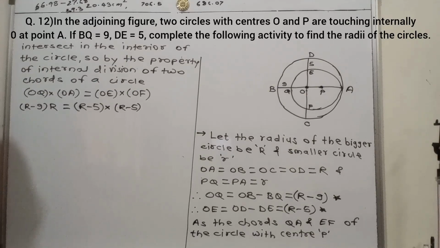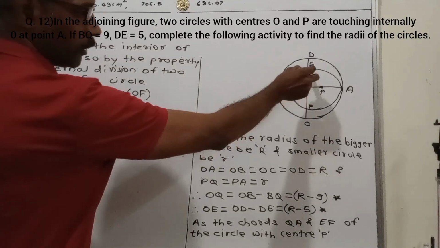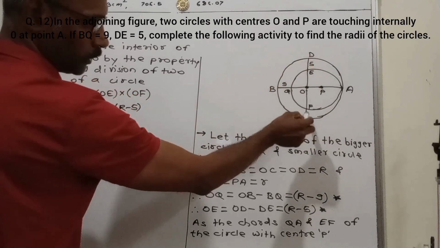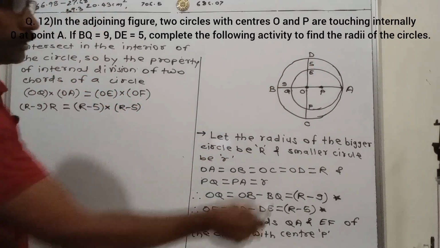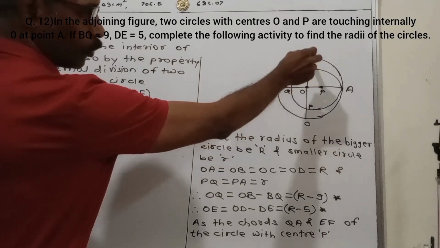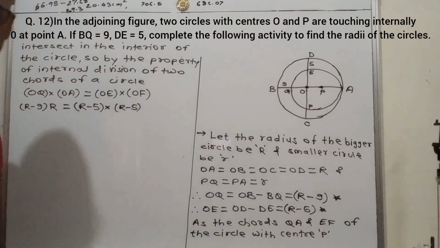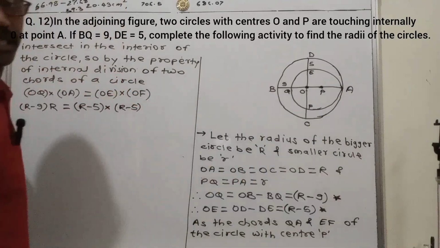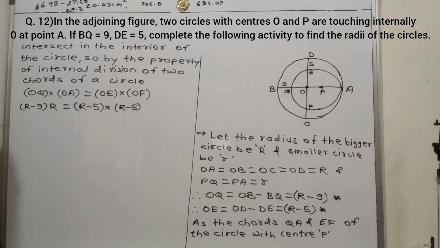Both are equal. Because this D, see this, D 5. Then here also 5. This is OD or OC are the radii of the circle. Which center O? That is radii of bigger circle.